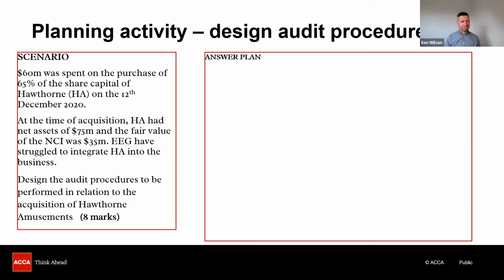Oh, by the way, it's 1 mark per well-explained point everywhere, apart from audit risk, where it's 3 marks per well-explained risk, and business risks, where it is 2 marks per well-explained business risk. Everywhere else in the exam, it's 1 mark per well-explained point.